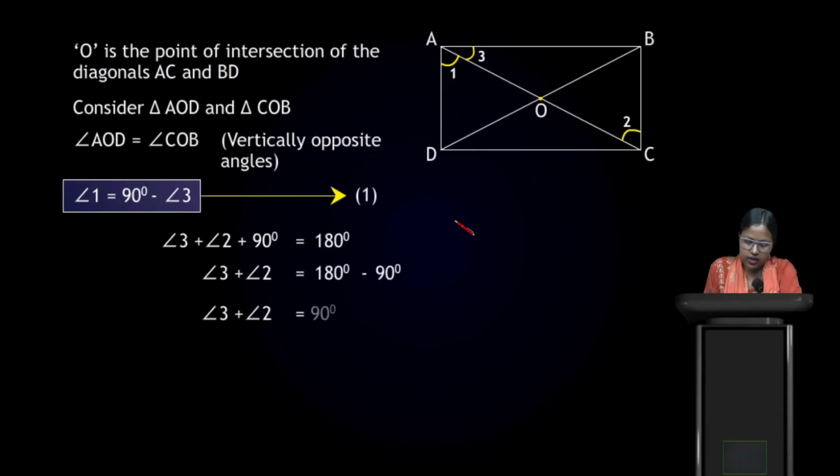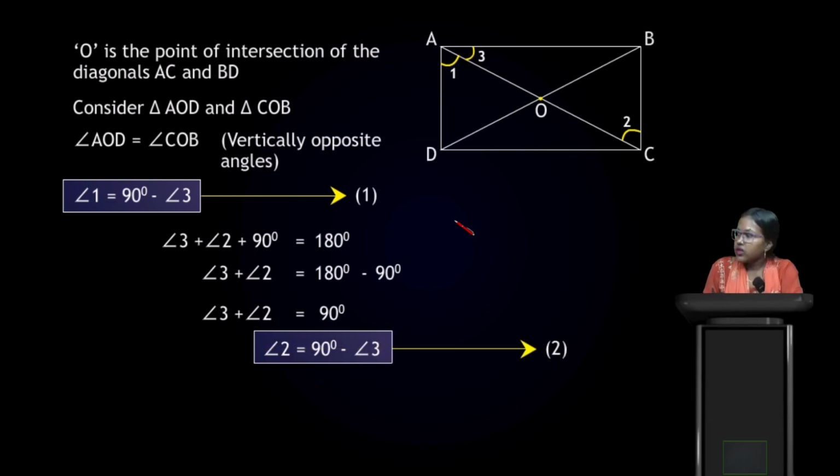So if you subtract 90, what is the value of 3 plus 2? Angle 3 plus angle 2 is coming 90 degree. That means what we can say? Angle 2 is equal to 90 degree minus angle 3. Okay. So this is another equation.